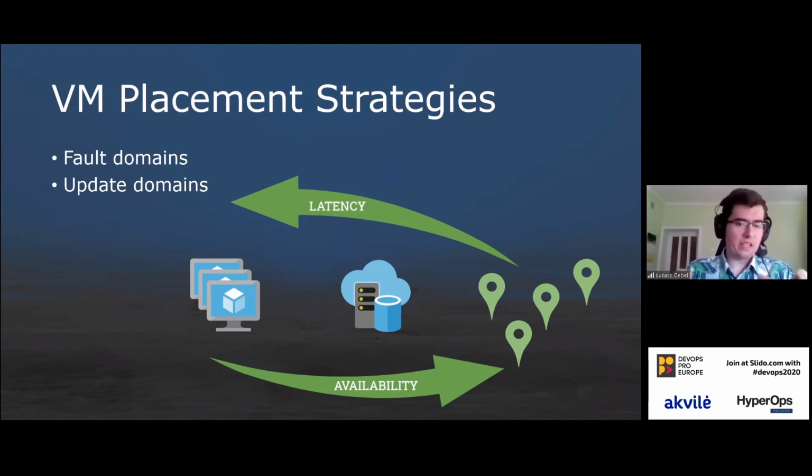However, you lose availability, because if one region or one scale set is down, then your system may go down. So if you'd like to go for availability, you can spread your deployment through availability zones or through different regions. However, if machines between regions need to communicate a lot, of course, the latency will be higher. So there are always trade-offs, and you need to get the right idea for your needs.